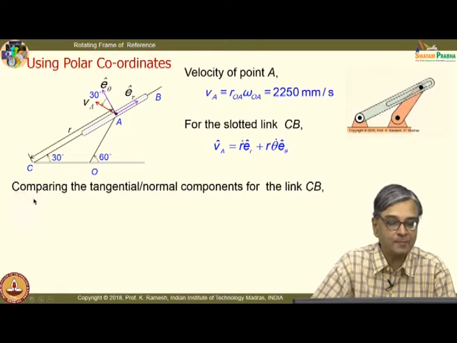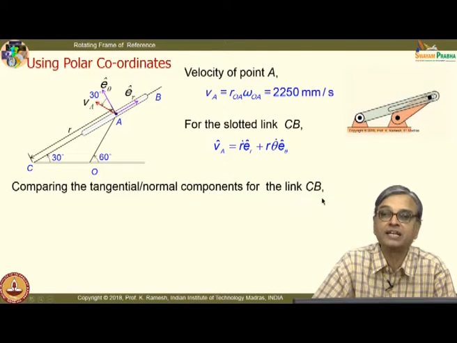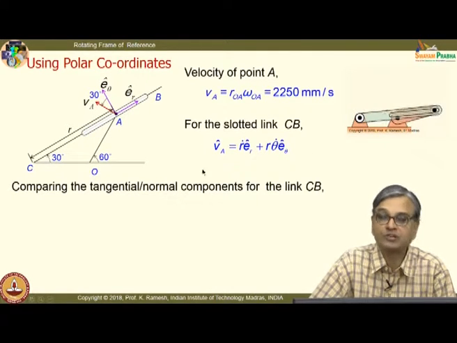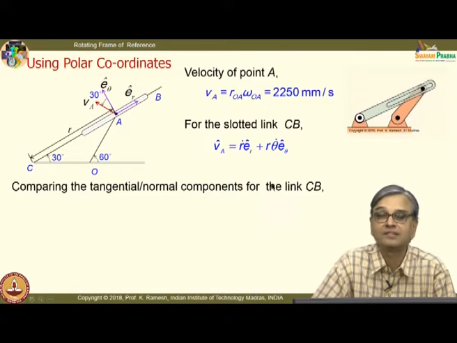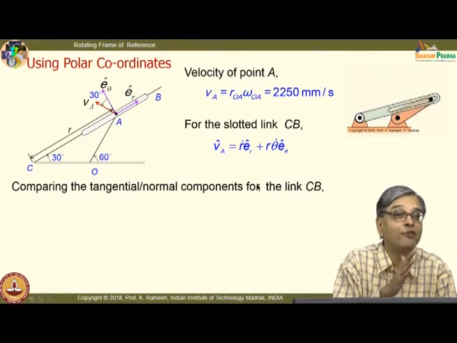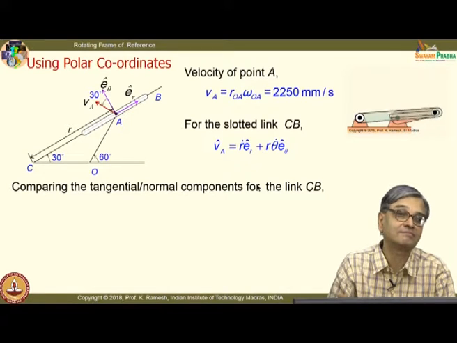So, comparing the tangential and normal components of the link CB, I should also get identical answers. Method does not influence my final result, fine.